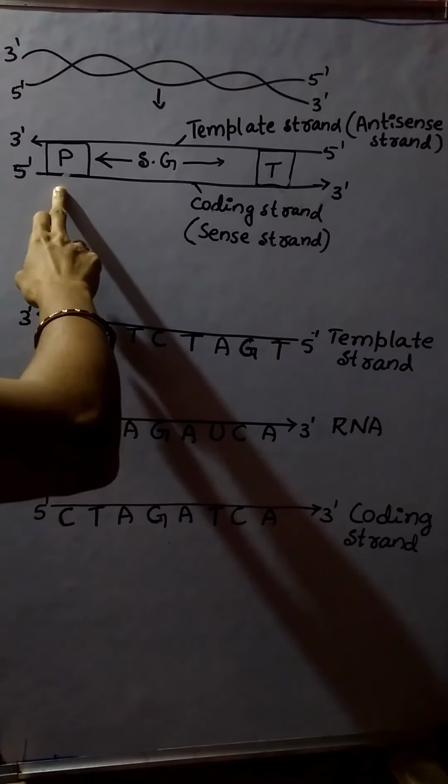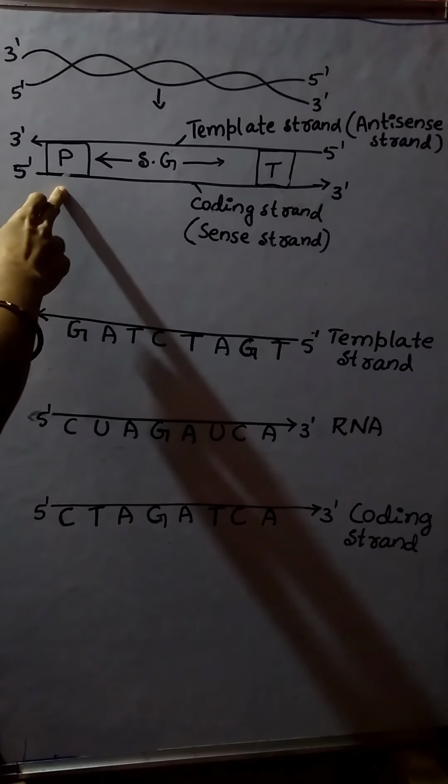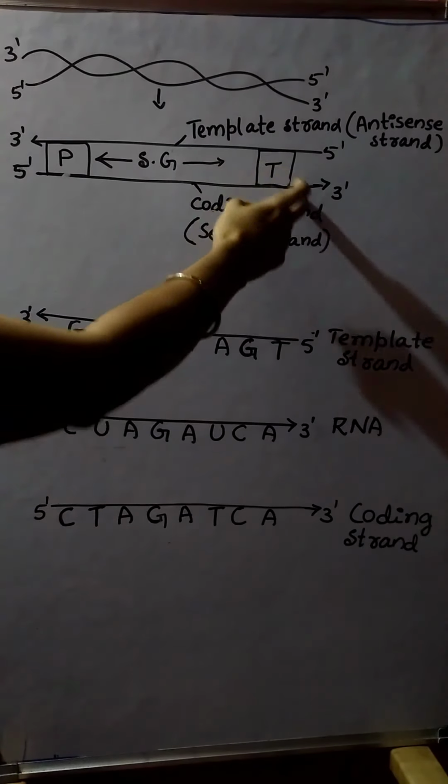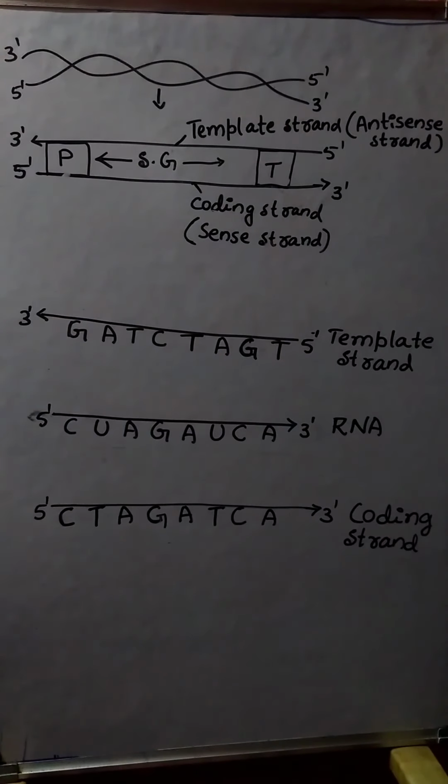Or, the promoter is present towards the upstream of the structural gene, whereas the terminator is present towards the downstream of the structural gene or downstream of the coding strand.